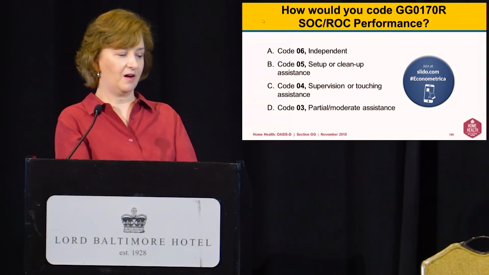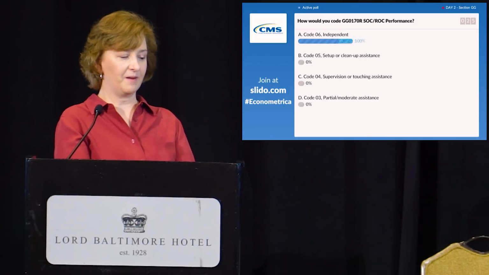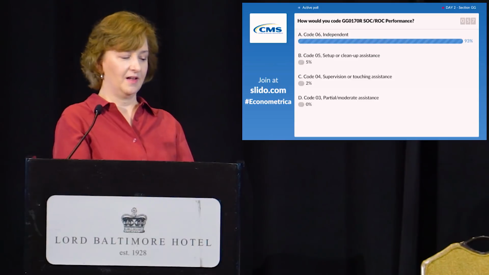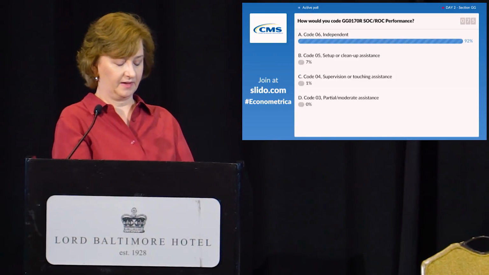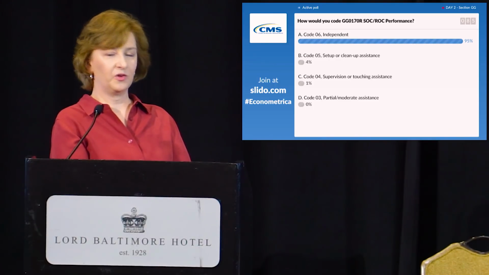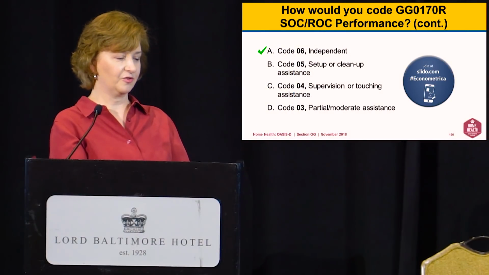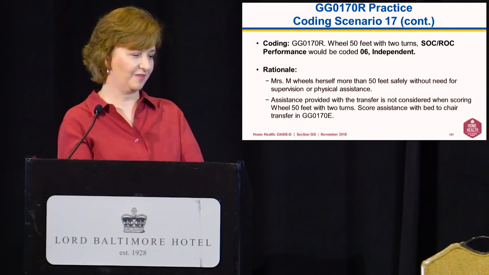So the options are 06, independent, 05, setup cleanup assistance, 4, supervision or touching assistance, 3, partial moderate assistance. Okay, looks like most of you are coding 06. I do agree with that, and so she got great home care services, so she's independent at discharge, we'll say.